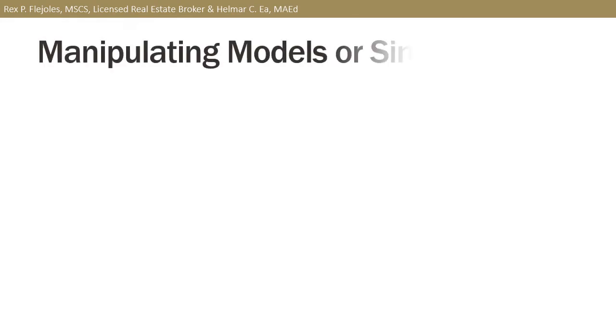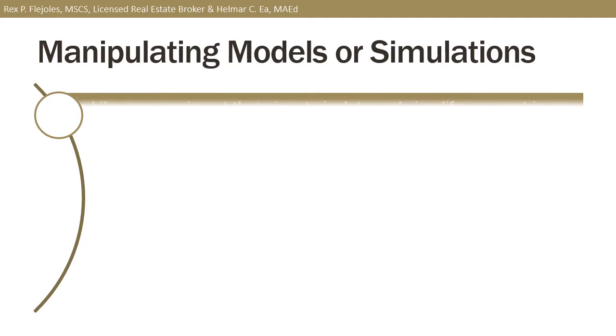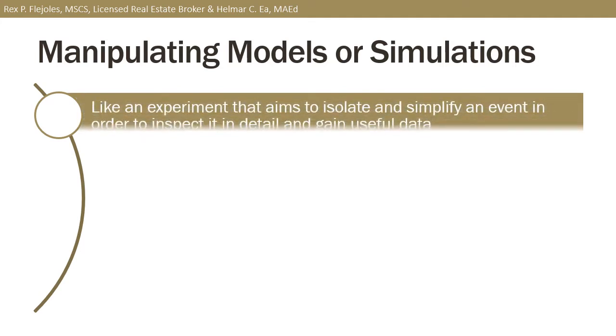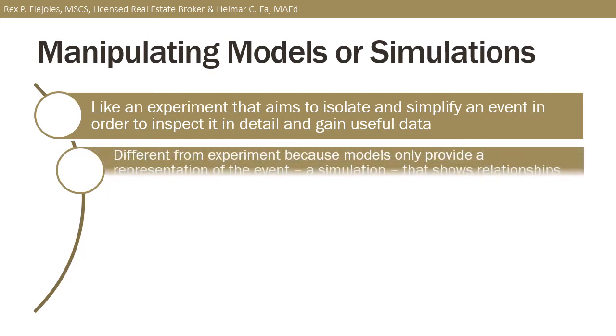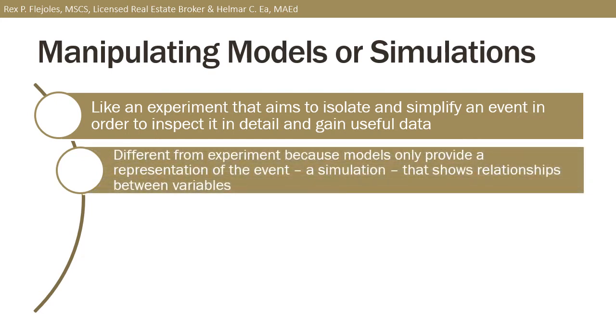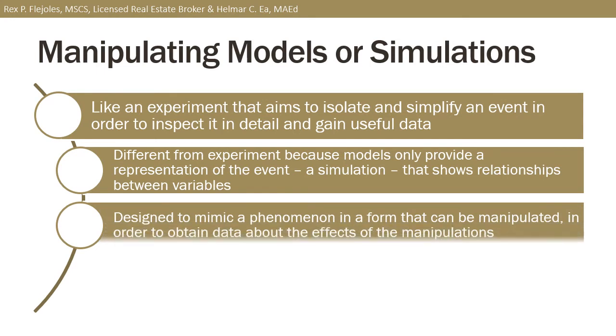And the sixth method is manipulating models or simulations. It is like an experiment that aims to isolate and simplify an event in order to inspect it in detail and gain useful data. It is different from experiment because models only provide a representation of the event, a simulation, that shows relationships between variables.